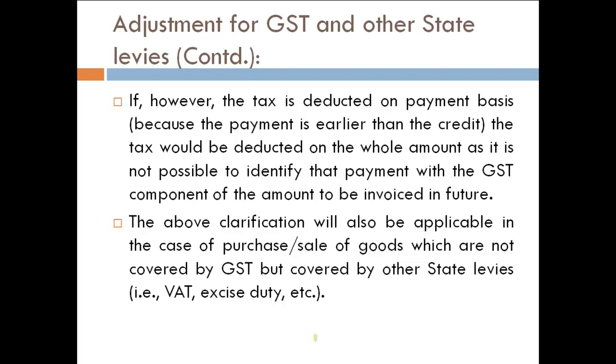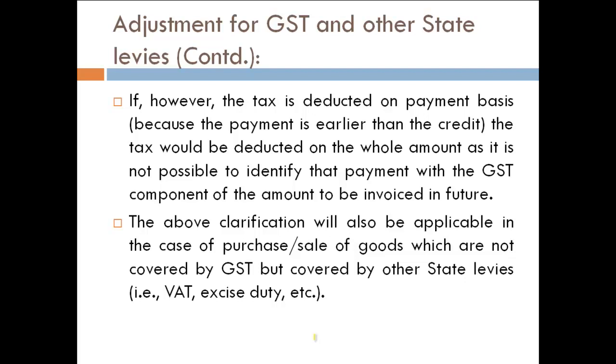If, however, the tax is deducted on payment basis because the payment is earlier than credit, the tax would be deducted on the whole amount, as it is not possible to identify that payment with the GST component of the amount to be invoiced in future.